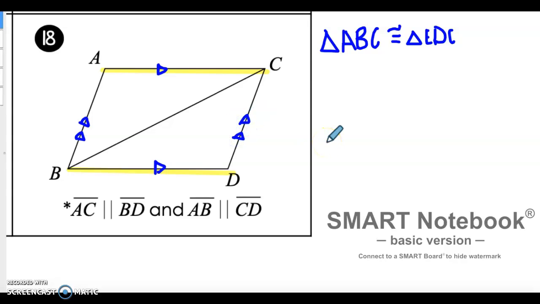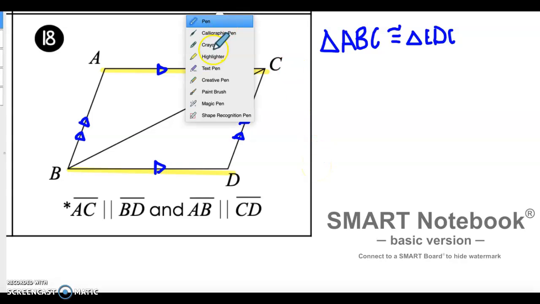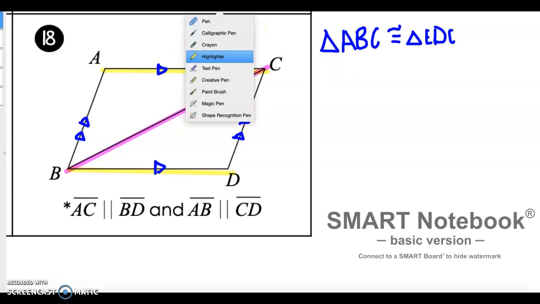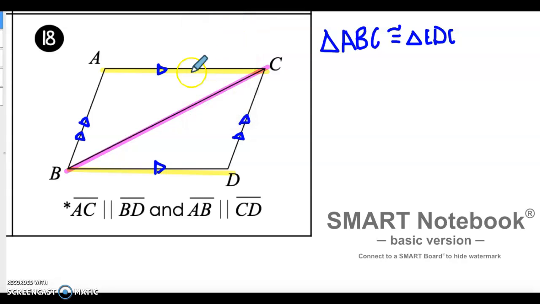So let's add two arrows over here to show that these two are parallel. Okay, now first we're just going to look at AC and BD. They are parallel lines and they are cut by this purple transversal. So BC is the transversal. Remember, a transversal is a line that intersects two or more lines. When you have parallel lines cut by a transversal, we have angle relationships.